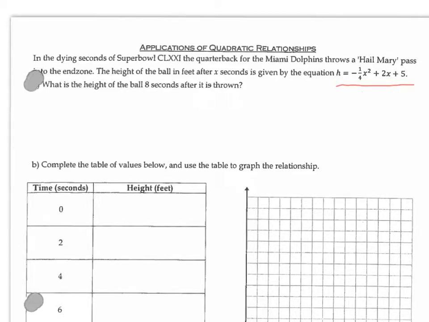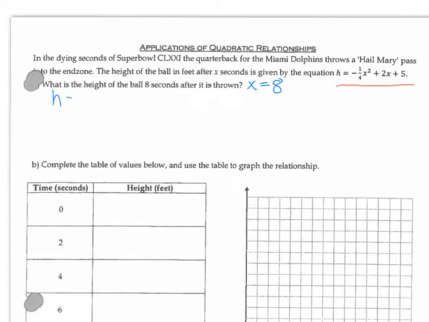We also know that if we have an x value, we can substitute it into the equation and solve for h. Our first part of our application is asking us what is the height of the ball 8 seconds after it's thrown. So basically it's telling us that x equals 8. We want to know what h is.